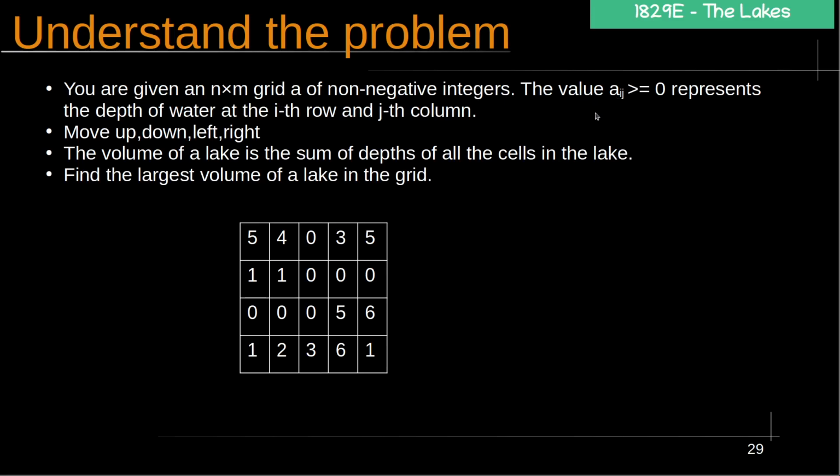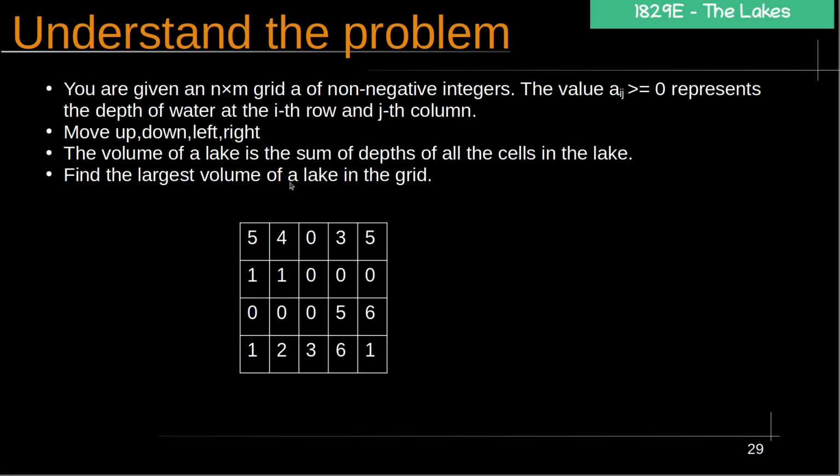The value a_ij is always greater than or equal to 0. It represents the depth of water at the ith row and jth column. We can only move up, down, left, or right. The volume of the lake is the sum of the depth of all the cells in the lake. Find the largest volume of the lake in the grid.